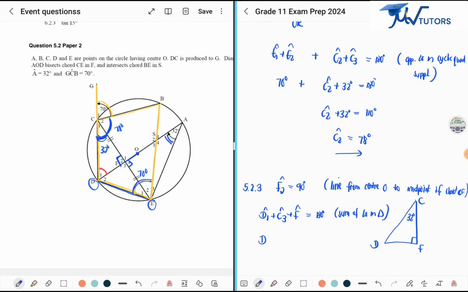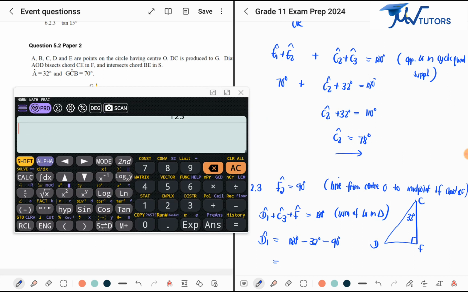So in order to get D1, I would say 180 minus C3, which is 32 degrees, minus F, which is 90 degrees. We have 180 minus 32 minus 90, and we get D1 is 58 degrees.